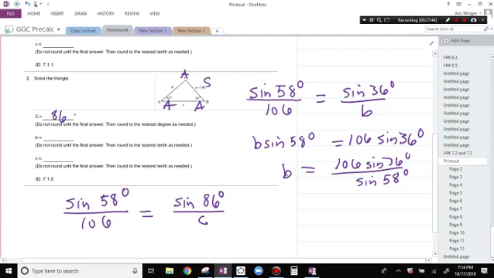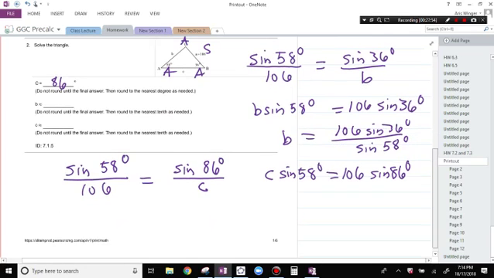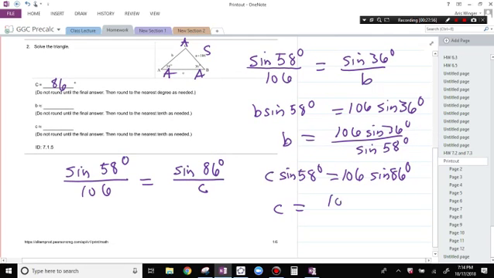Again, we're going to cross multiply. Then c sine of 58 degrees is equal to 106 sine of 86 degrees. And then we're going to divide. Little c is equal to 106 sine of 86 degrees, all over the sine of 58. Just plug into the calculator and round to 1 decimal place.